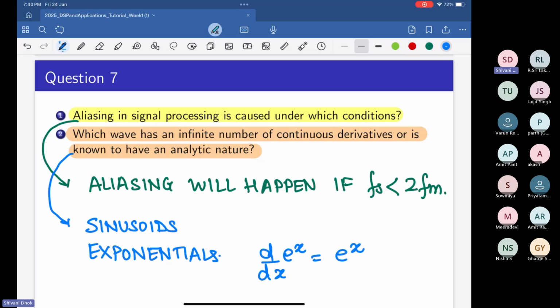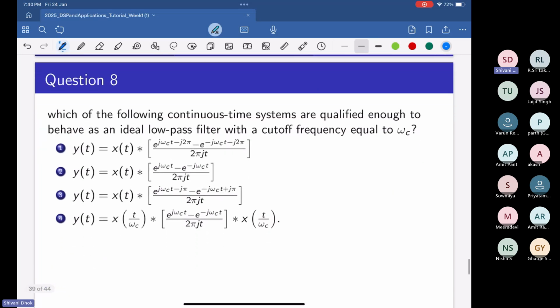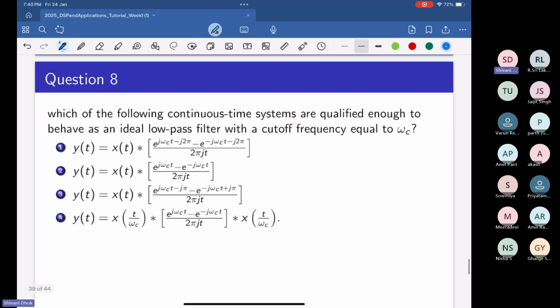So we know that the nth order derivative is e power x. So these two are well-known analytic functions. There are many more, but for the sake of mentioning, I'm listing two of them here. Okay, simple questions. If you have any questions regarding them, just let me know. Otherwise, I'll move on to the next part.